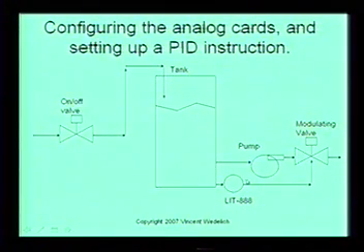So when you look at this whole PID instruction, you should be able to say, okay, I have a digital output. If I have some limit switches, I have at least 2 digital inputs. I have a tank, I have a level transmitter, so I have an analog input. I have a pump, so I probably have a motor starter.